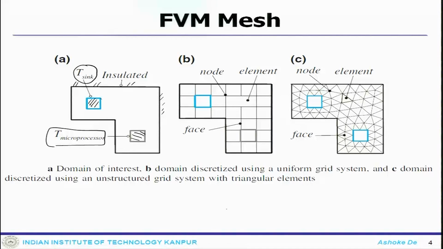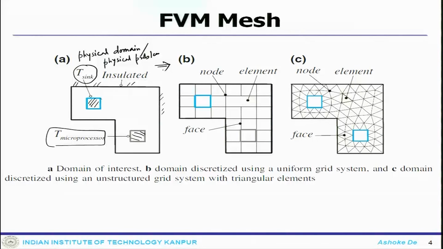So, this is our physical domain, or rather the physical problem of interest. Once you have that, the next step is to convert this physical thing to the computational domain.